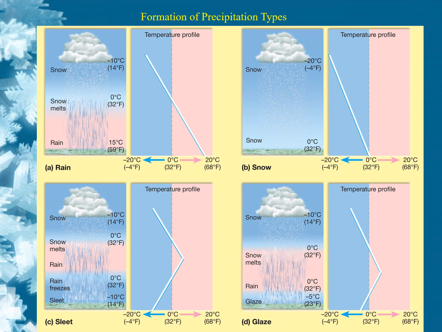All right, and then the last one there on the bottom right, what does it take to form freezing rain or glaze? So again, mid-latitudes begin with the Bergeron process.